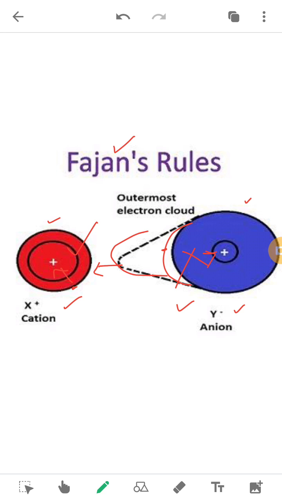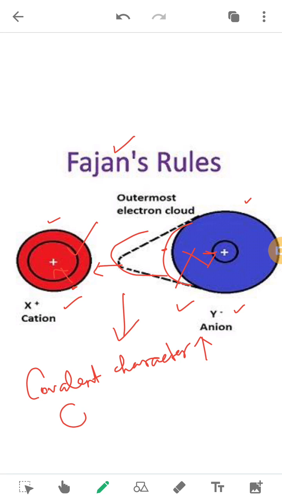And you also have to understand that due to this distortion, covalent character is going to increase. Covalent character is increased, ionic character is decreased. Why?